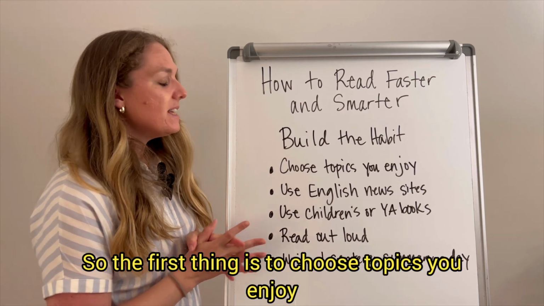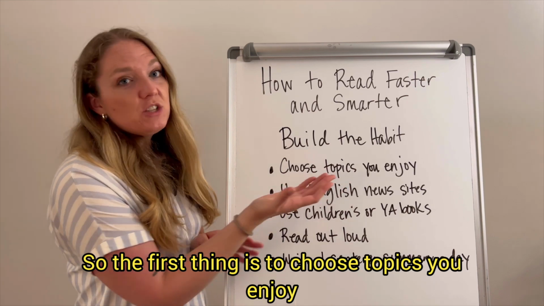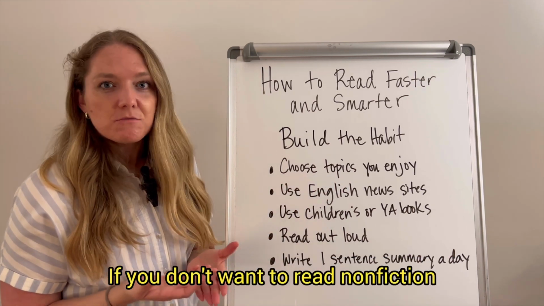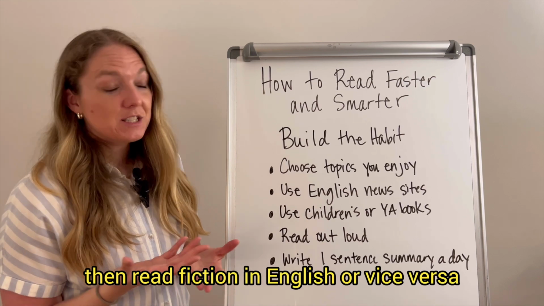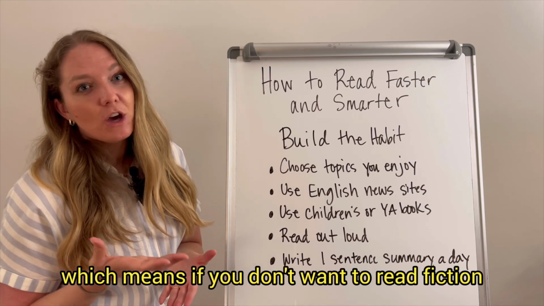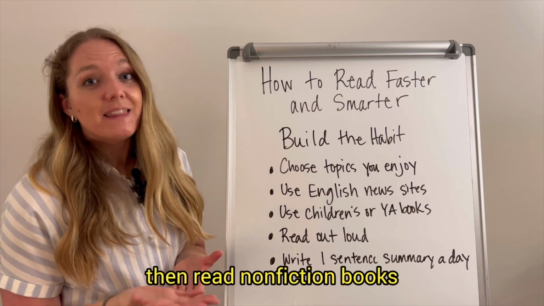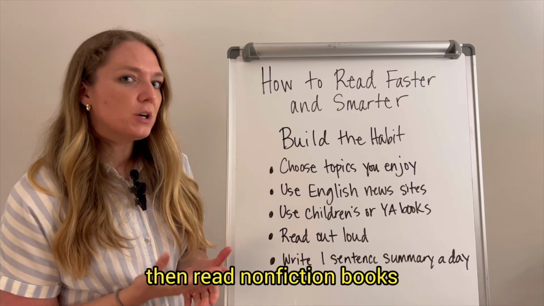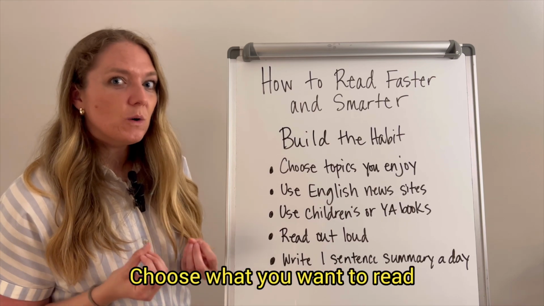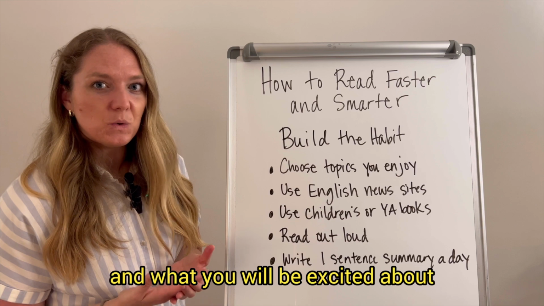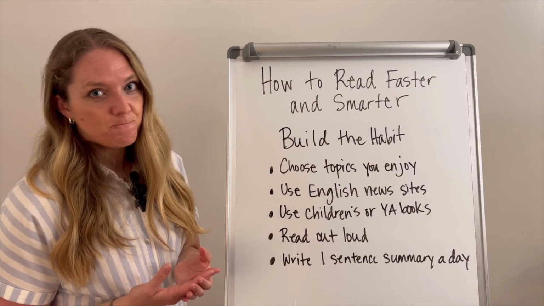So the first thing is to choose topics you enjoy. If you don't want to read nonfiction, then read fiction in English, or vice versa, which means if you don't want to read fiction, then read nonfiction books or articles in English. Choose what you want to read and what you will be excited about.